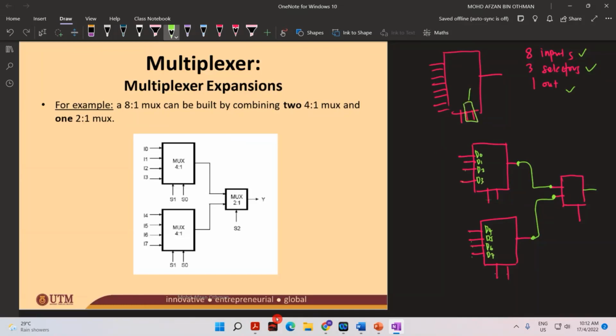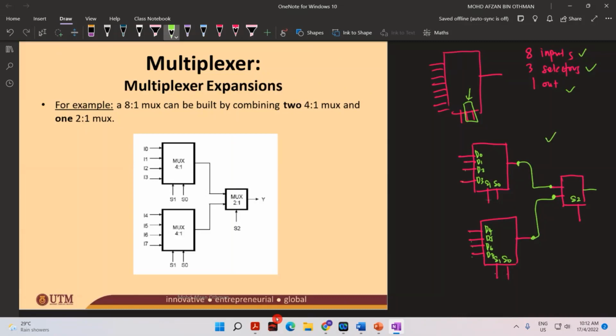The least significant bit, which is this is a S0 dengan S1. This is a S0, S1. And this one goes to S2. So this is a multiplexer expansion by using a 2 4 to 1 mux and 1 2 to 1 mux. Kamu boleh buat 8 to 1 mux.